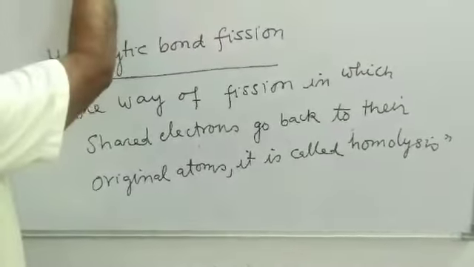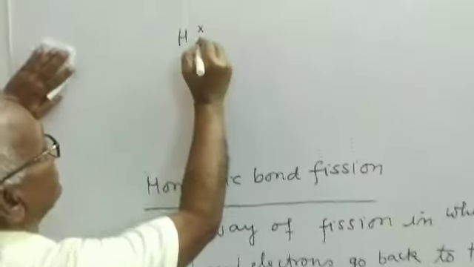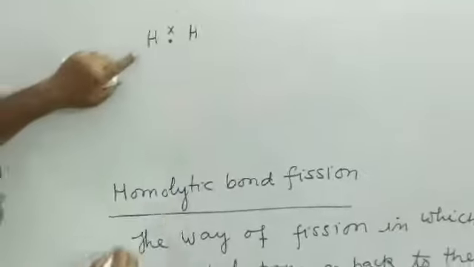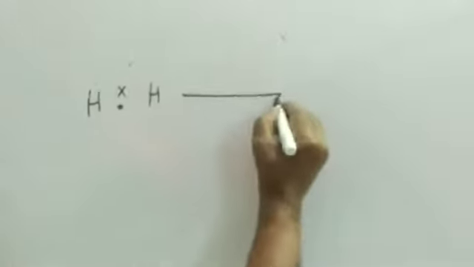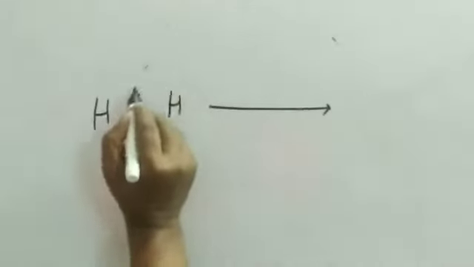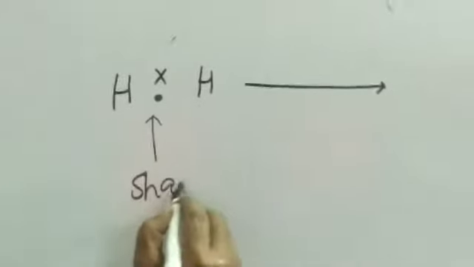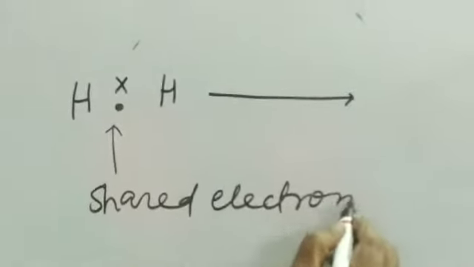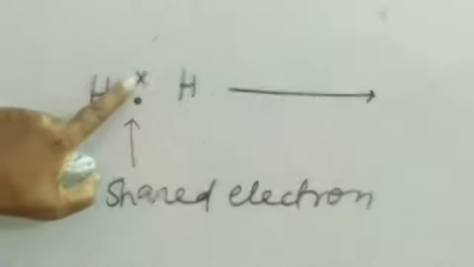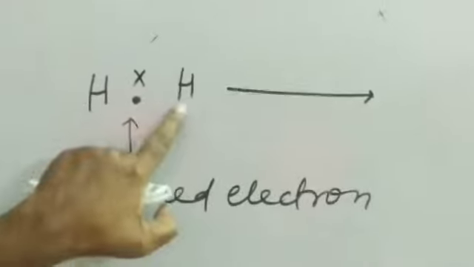Say this is hydrogen. This is the shared electron. The cross is for one hydrogen and the dot for the other hydrogen. The cross is contributed by this hydrogen and the dot is contributed by this hydrogen.